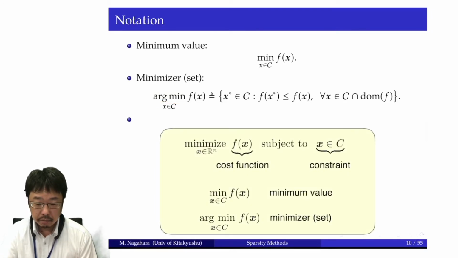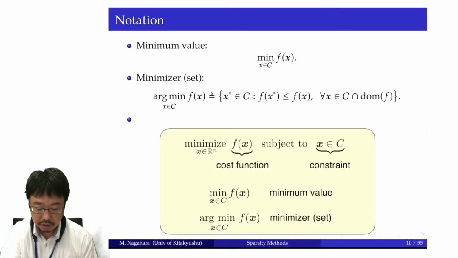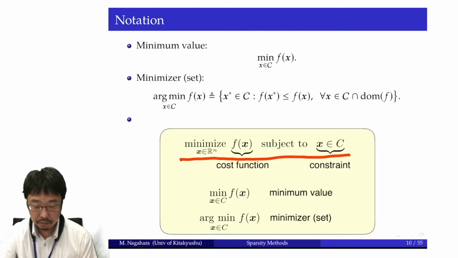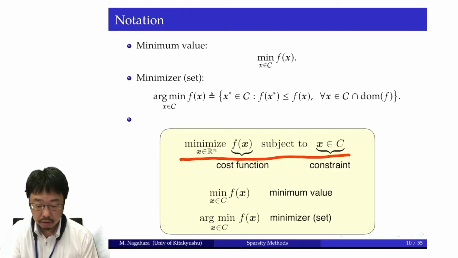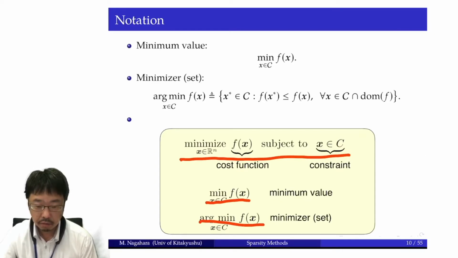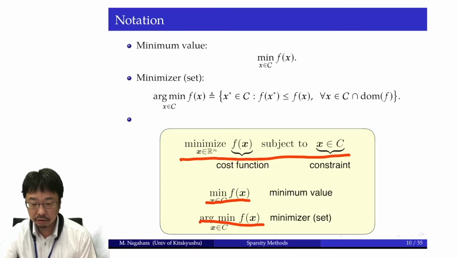Namely, minimize f of x subject to x in C. This is a minimization problem or optimization problem. Min f of x is the minimum value, and argmin f of x is a minimizer or the set of minimizers. We will use this notation throughout this lecture.